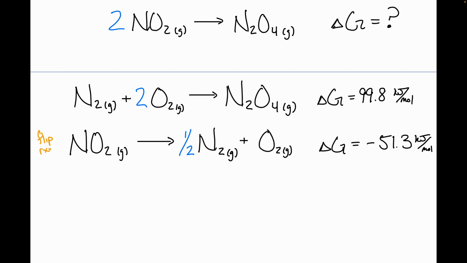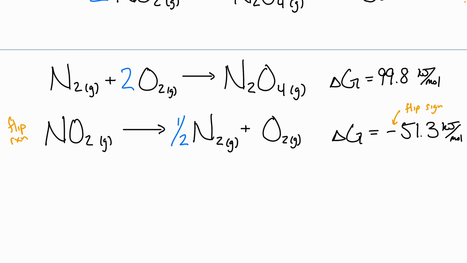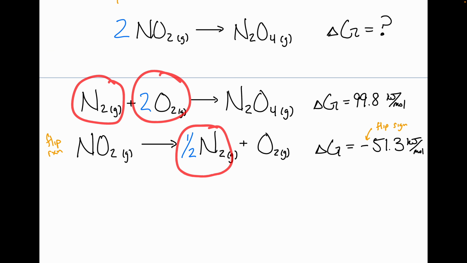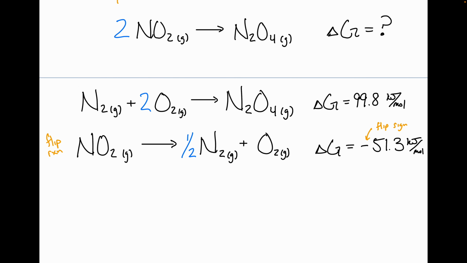So I flipped the reaction, which means we're going to flip the sign. And if I added these things up, I still wouldn't get to that overall equation. My nitrogens wouldn't cancel out, my oxygens wouldn't cancel out, and I only have one of those nitrogen dioxides, whereas I need two in my balanced chemical equation.